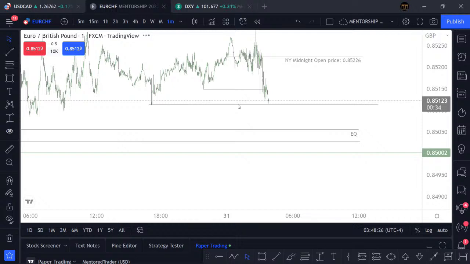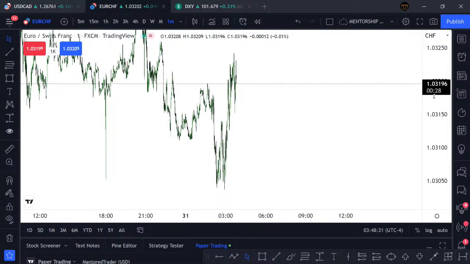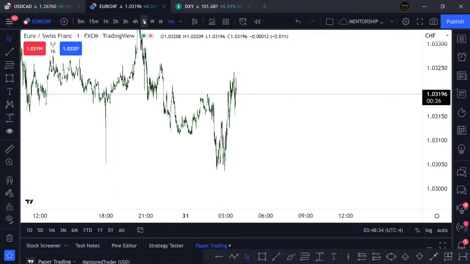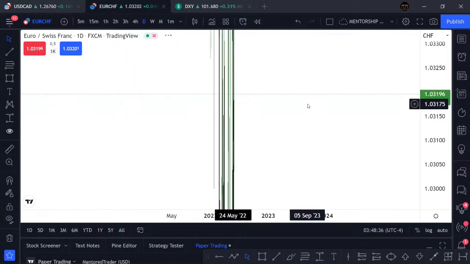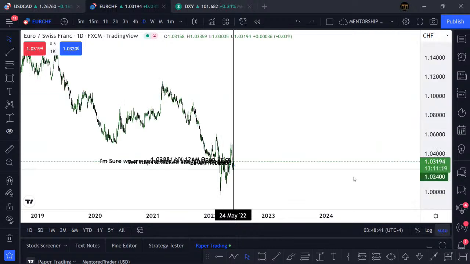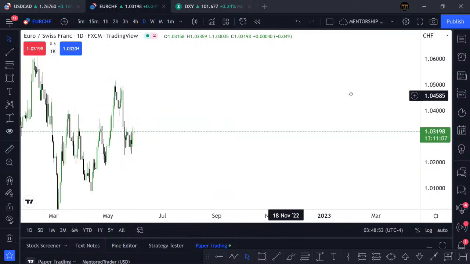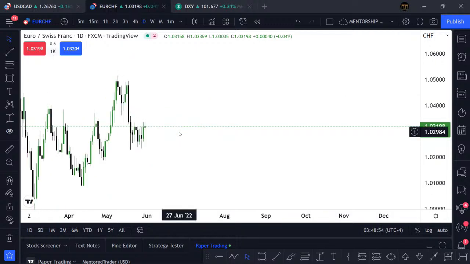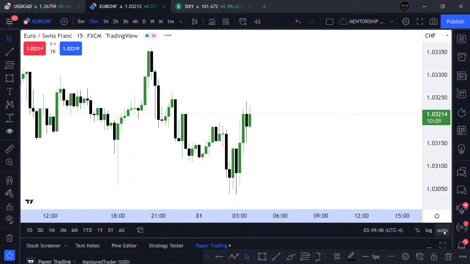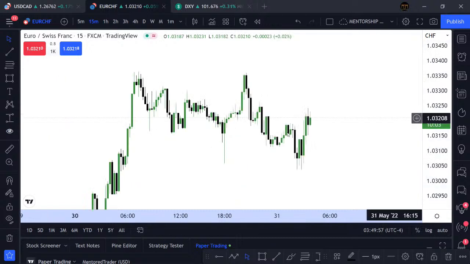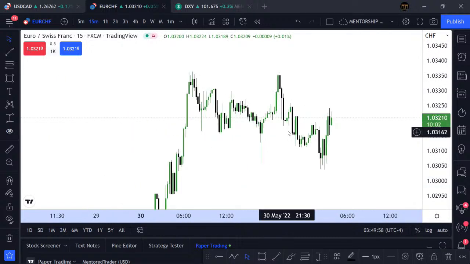Okay, so here we are. Let's first look at the daily. First look at the daily chart. Okay. What do we have? Well, we see price buying here.